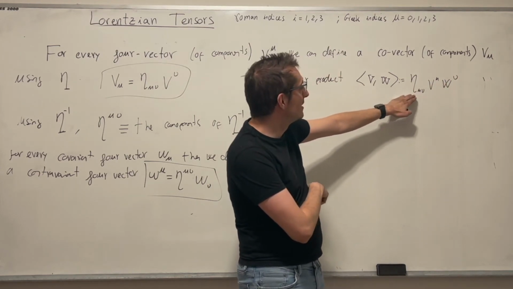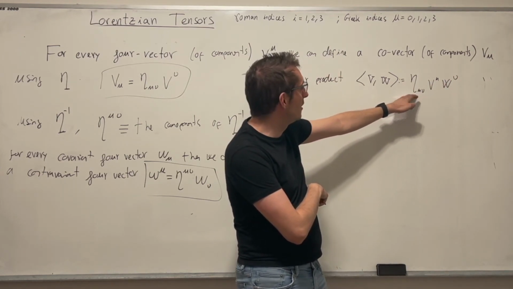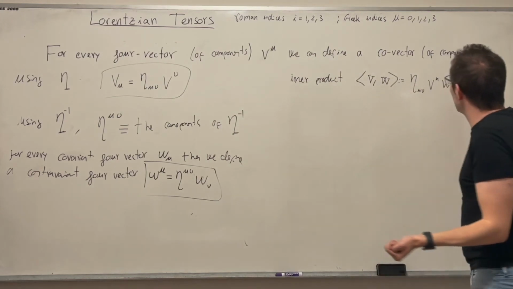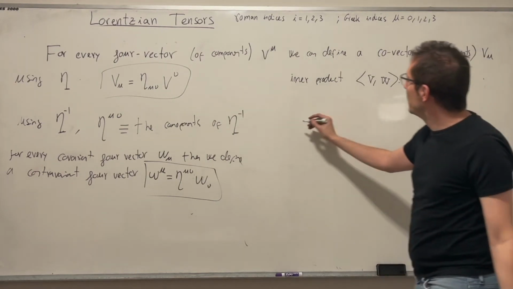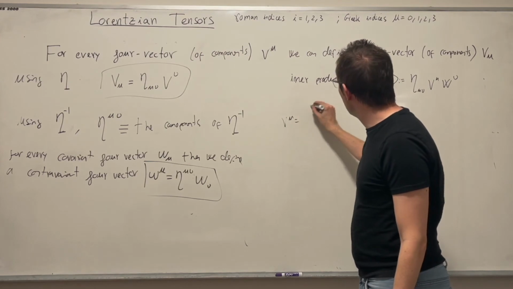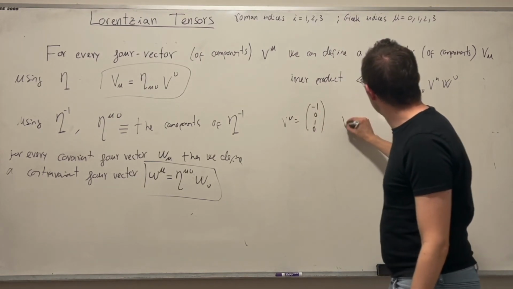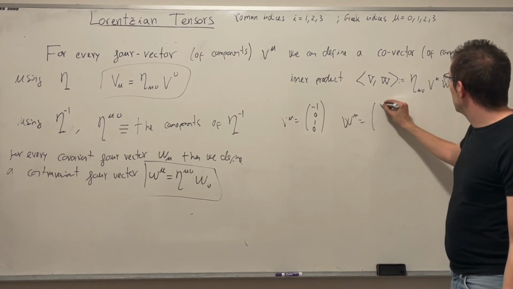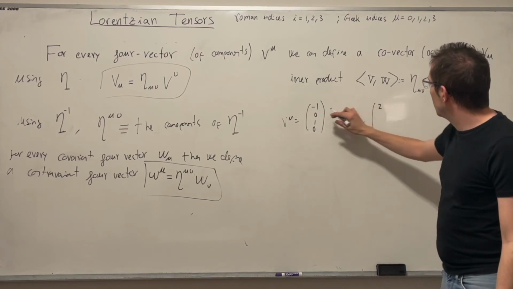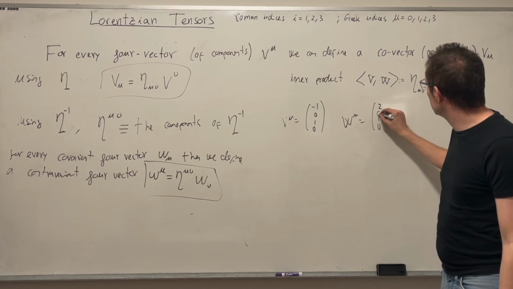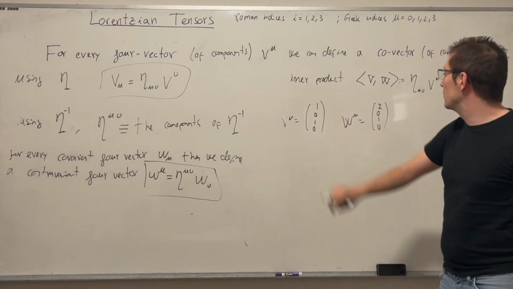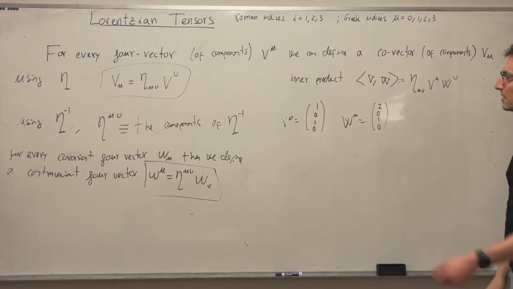And using the metric tensor, I get that this thing is an inner product. For example, imagine that I give you V mu equals minus 1, 0, 1, 0, and W mu would be 2, 0, 1, 0. What is the inner product between these two things?